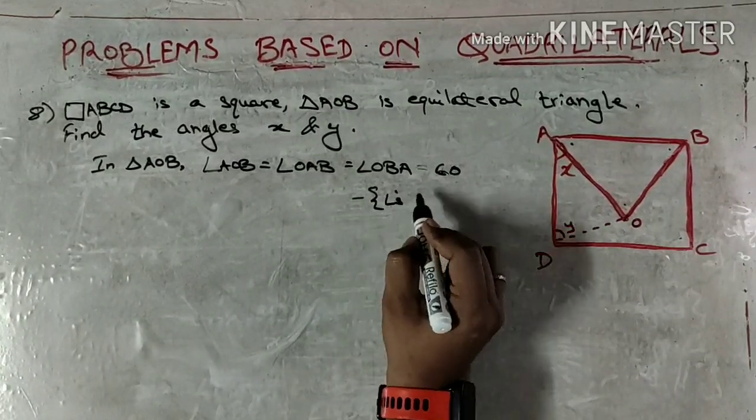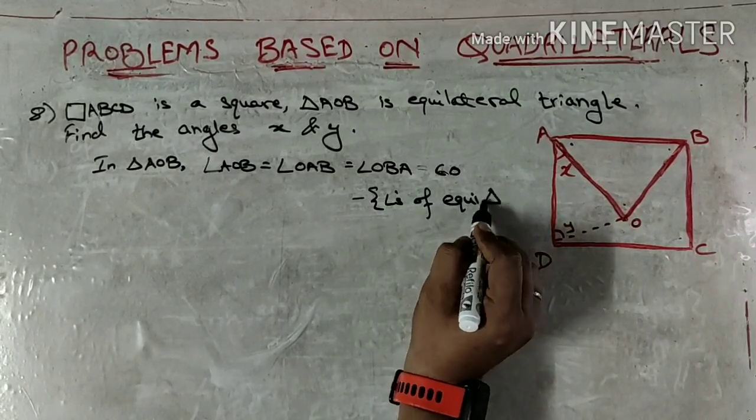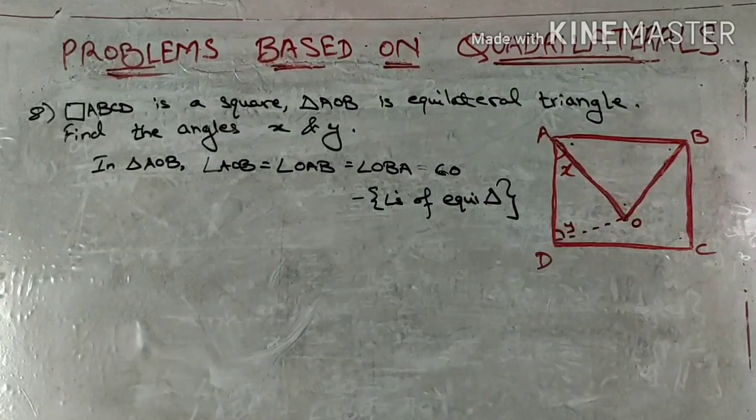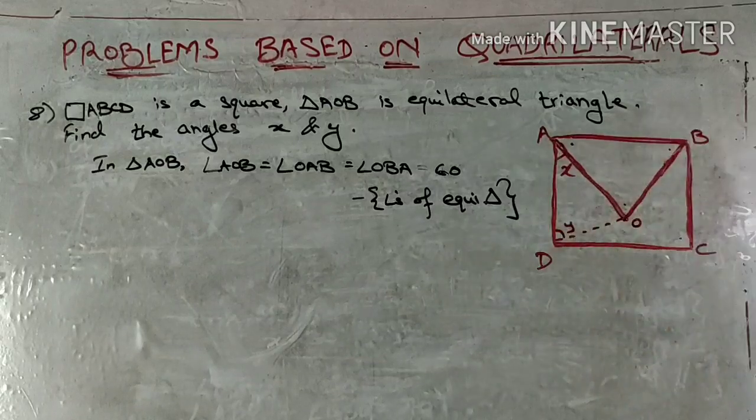Reason: angles of an equilateral triangle. Now, since we are doing the quadrilateral chapter, we know that the angles of a square are 90 degrees.